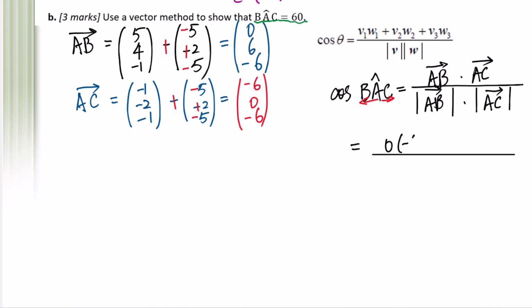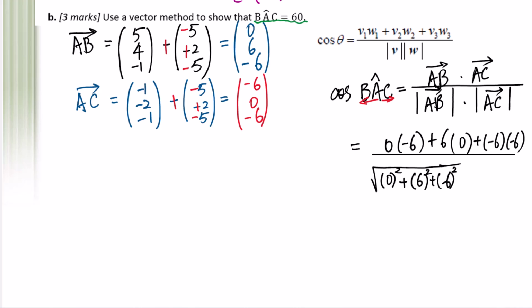0 times -6 plus 6 times 0 plus -6 times -6, all over the square root of 0 squared plus 6 squared plus -6 squared, times the square root of -6 squared plus 0 squared plus -6 squared.